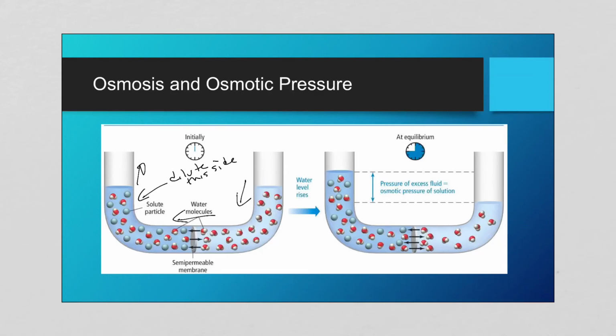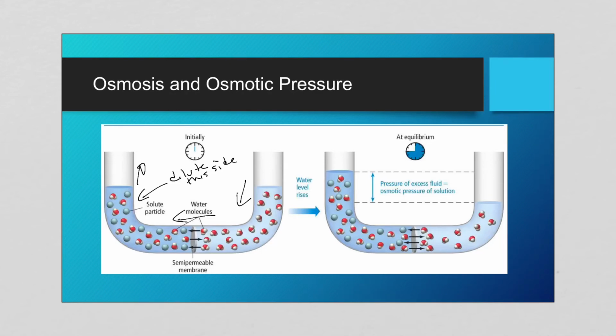The difference in height, if we let this go, the difference in the two sides of this column represents the osmotic pressure. So the height difference here gives us a measure of the pressure that is necessary to stop this flow.